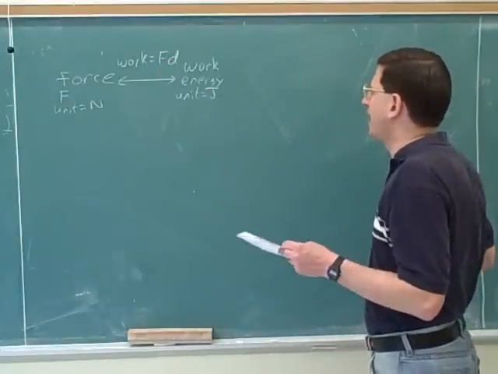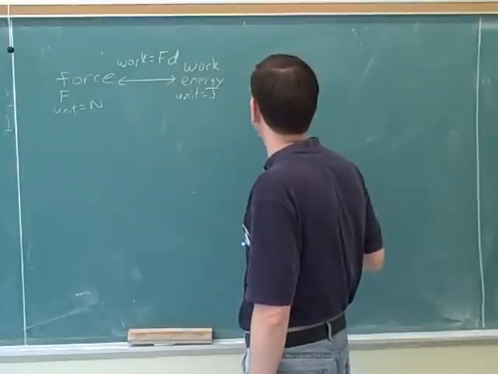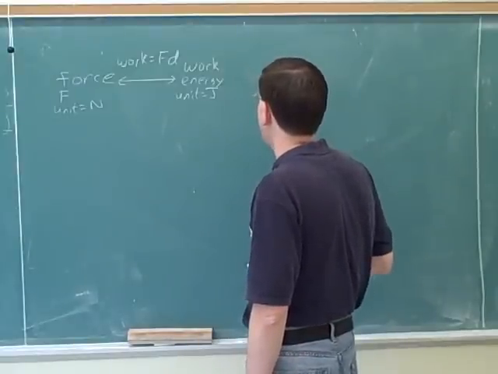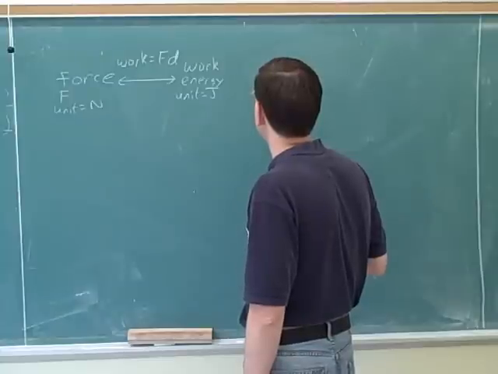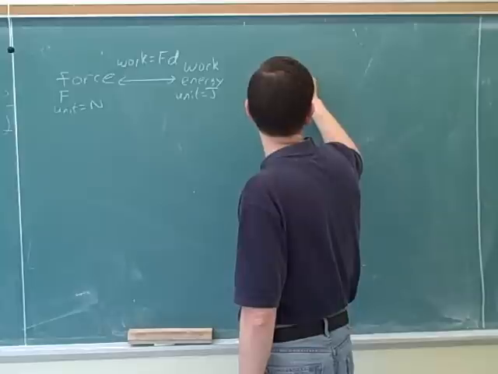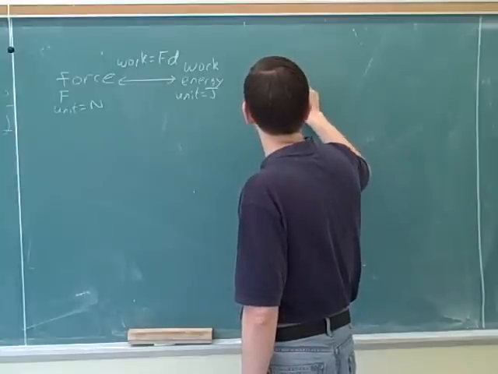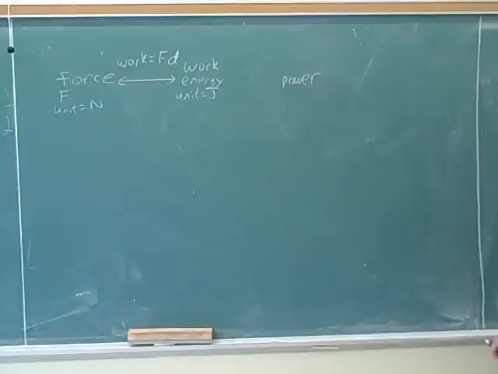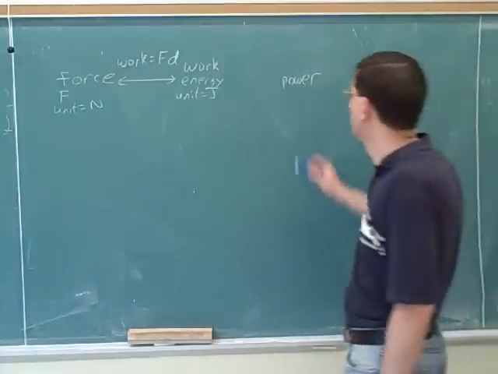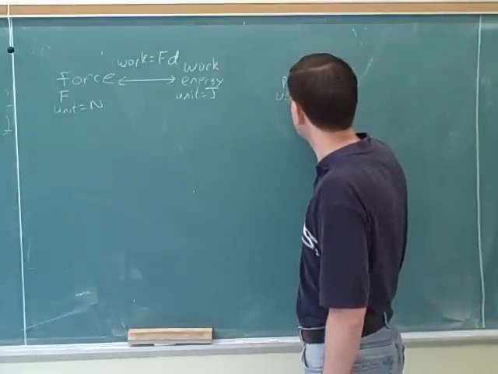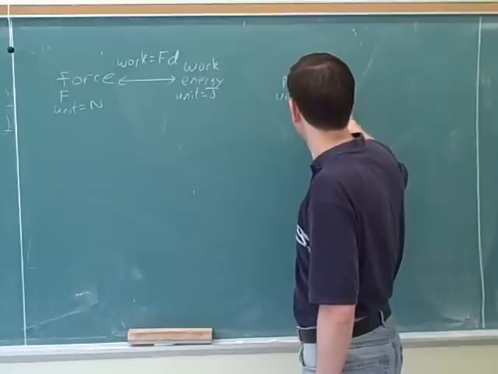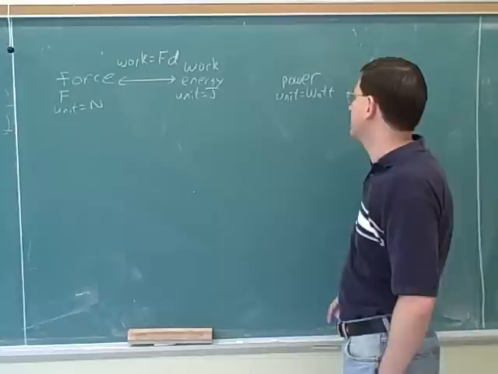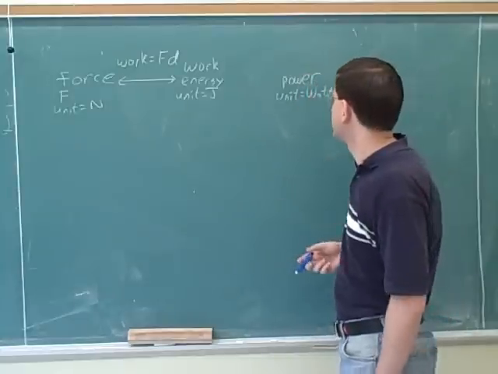Okay, now going on from that, we can go over the concept of power. So when you're ready, do you remember what the unit is for power? Watt. Good. Now notice I'm not using a W for work or for watts because I don't want to confuse them, so I'm just going to spell those out.